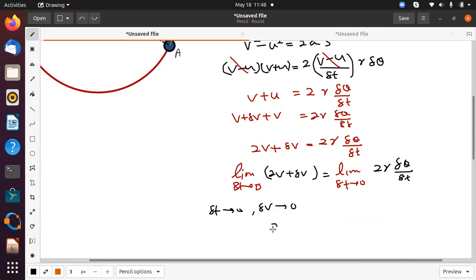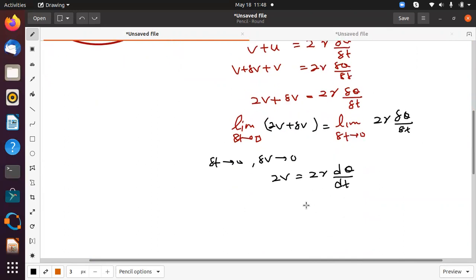Then we are left with 2v, and 2r can be factored out, and delta theta over delta t as delta t tends to 0 is defined as d theta by dt. So 2 cancels out, and we are left with v equals r delta theta over delta t, that is theta dot. We can call it r omega.